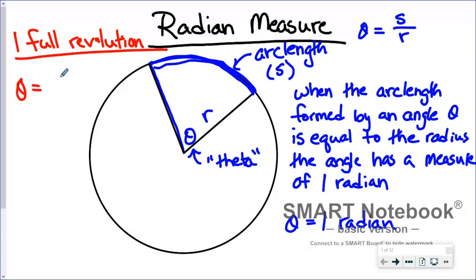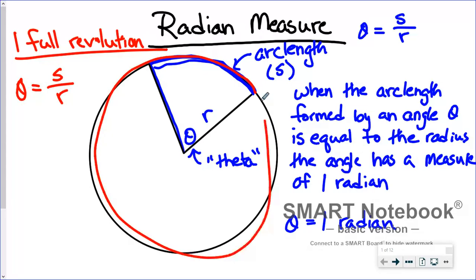We know that it's S over R. Now, for one full revolution, what is the arc length of one full time all the way around? What do we call the distance all the way around a circle? The circumference, right? So for one full revolution, my arc length is going to equal the circumference. What's the formula for the circumference of a circle? Does anybody remember?